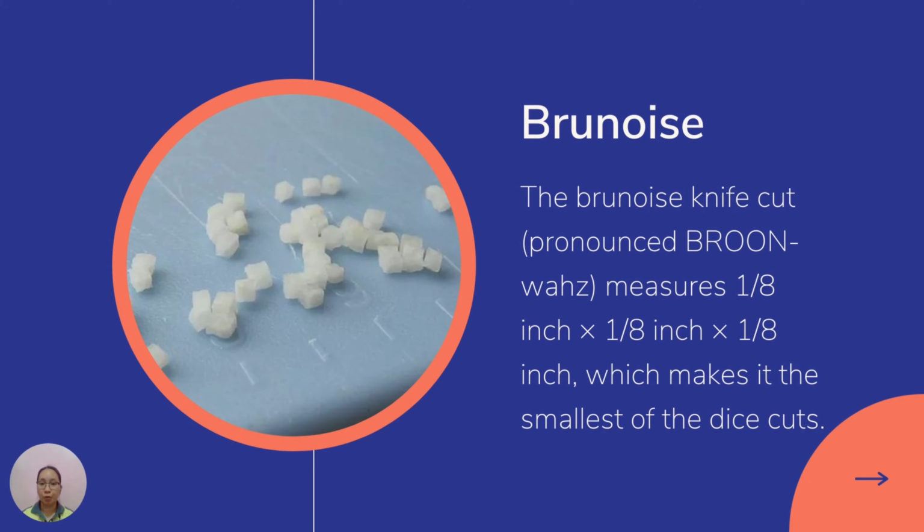And then we also have the brunoise, which is usually used for garnishes. It measures 1/8 by 1/8 by 1/8 inch, which makes it the smallest of the dice cuts.